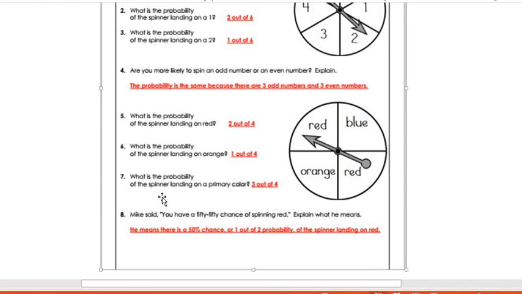What's the probability of the spinner landing on a primary color? So I have here how many primary colors? 3. Red, blue and orange, they are primary colors. So the answer will be 3 out of 4.